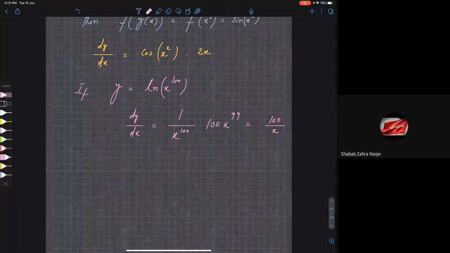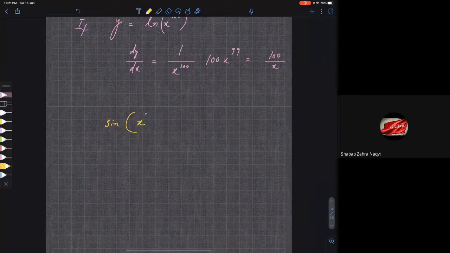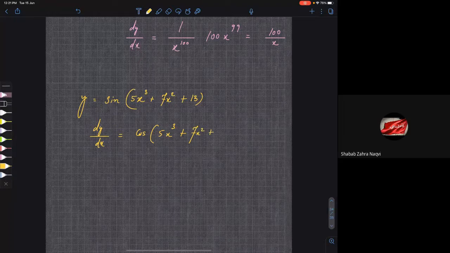Now let me give you some more examples. Sine of 5x cube plus 7x square plus 13. So what will be dy by dx? The derivative of sine is cos, so I'll write cos and whatever it is I'll write as it is: 5x cube plus 7x square plus 13.